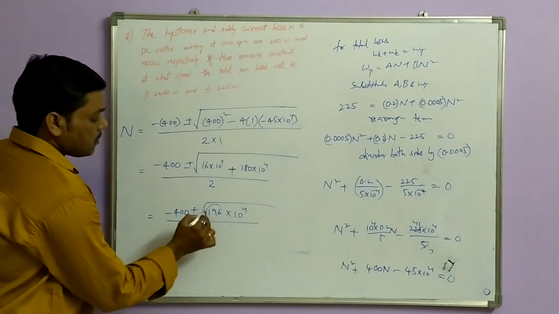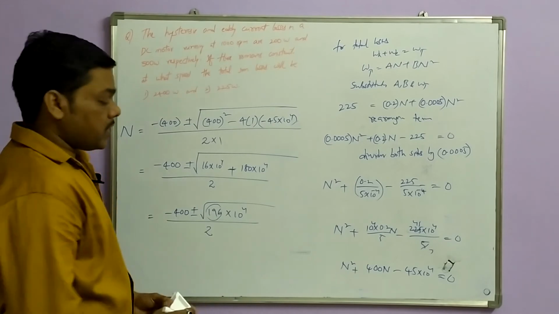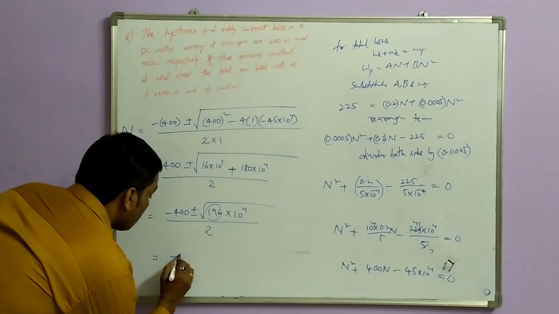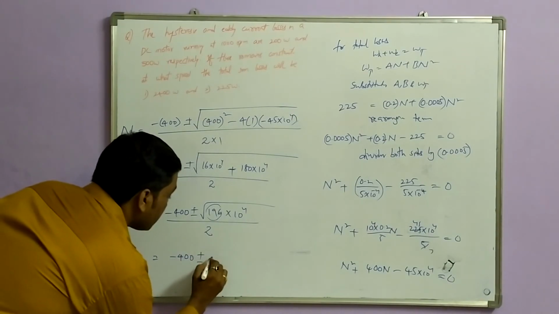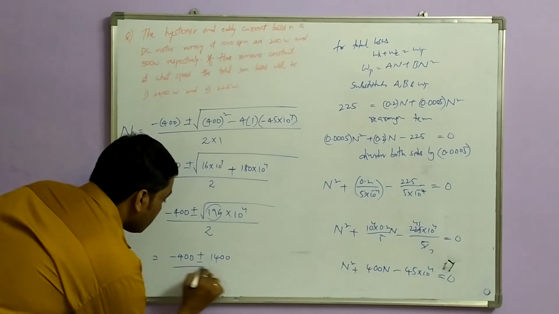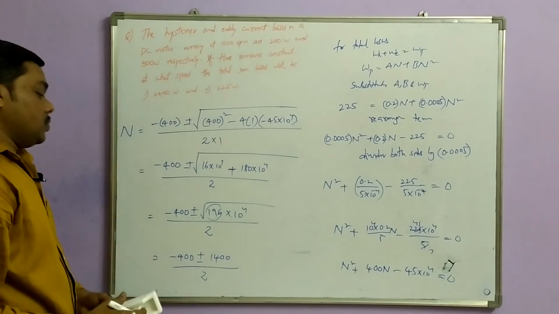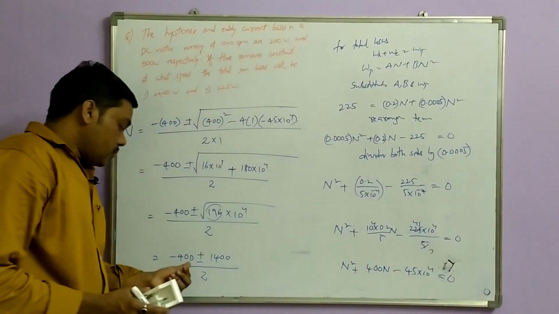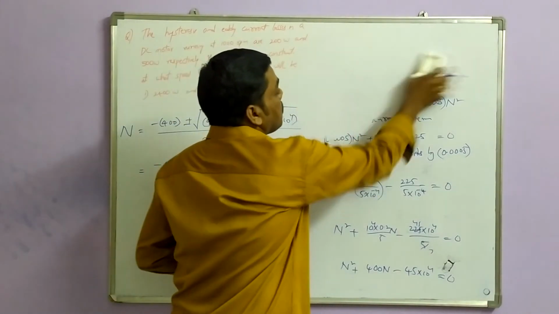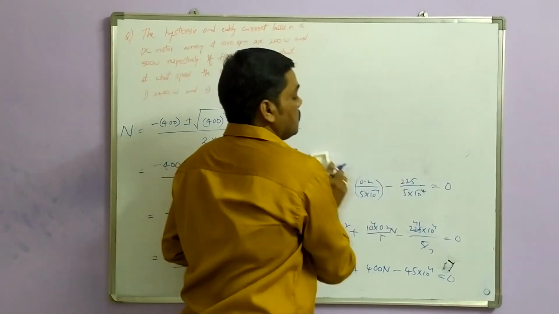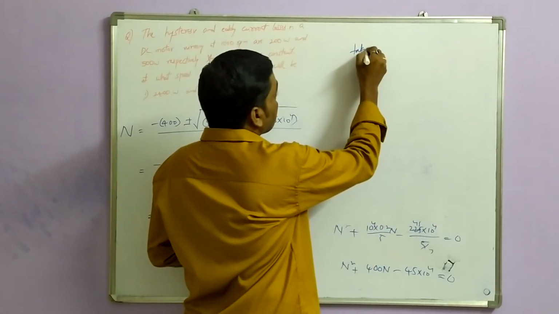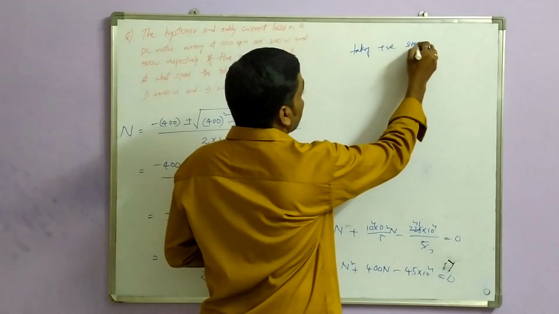We know that 196 is nothing but 14 square and 10 power 4 is nothing but 100 square. So we will get minus 400 plus or minus 1400, divided by 2. The first term is negative, so we take the positive value, that means the positive sign.